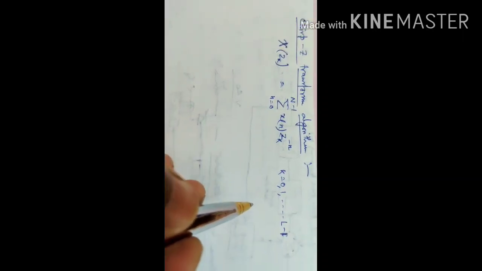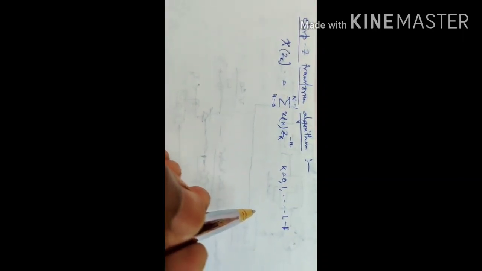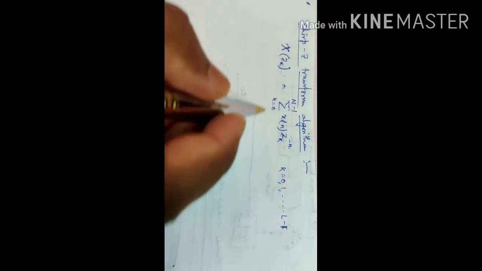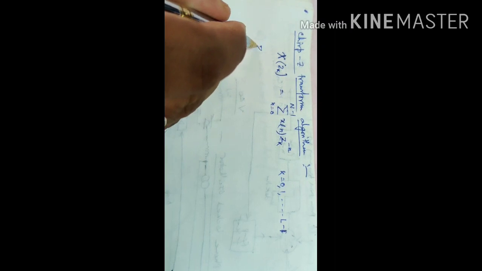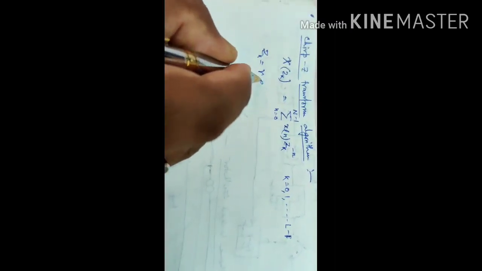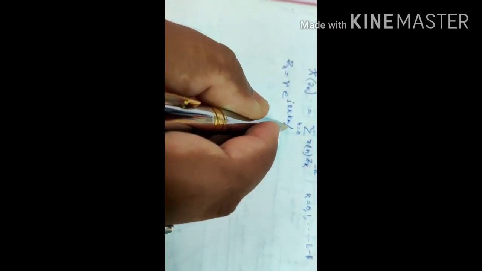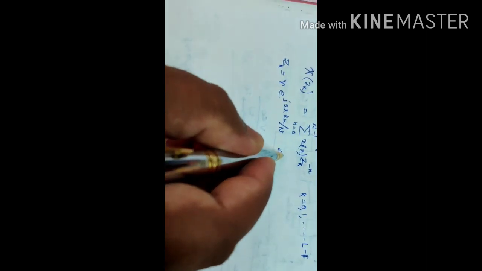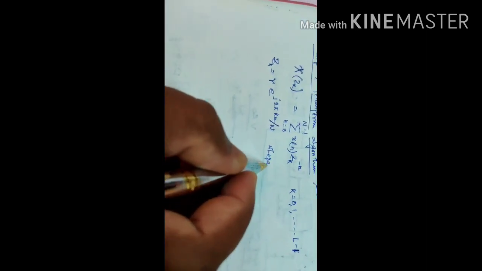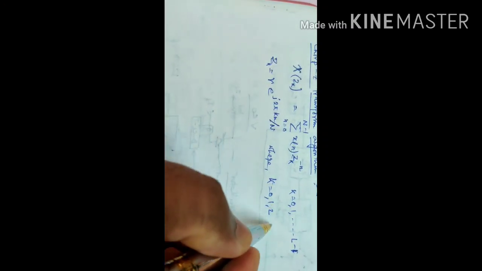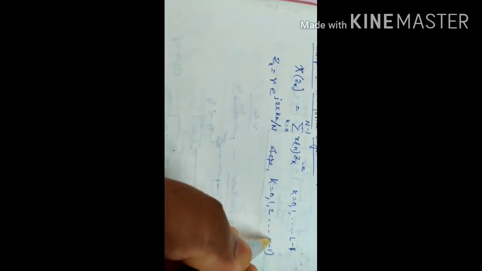For example, if the contour is a circle of radius r and the z_k are N equally spaced points, then z_k equal to r e to the power j 2 pi k by N, where k equal to 0, 1, 2, ... N minus 1.